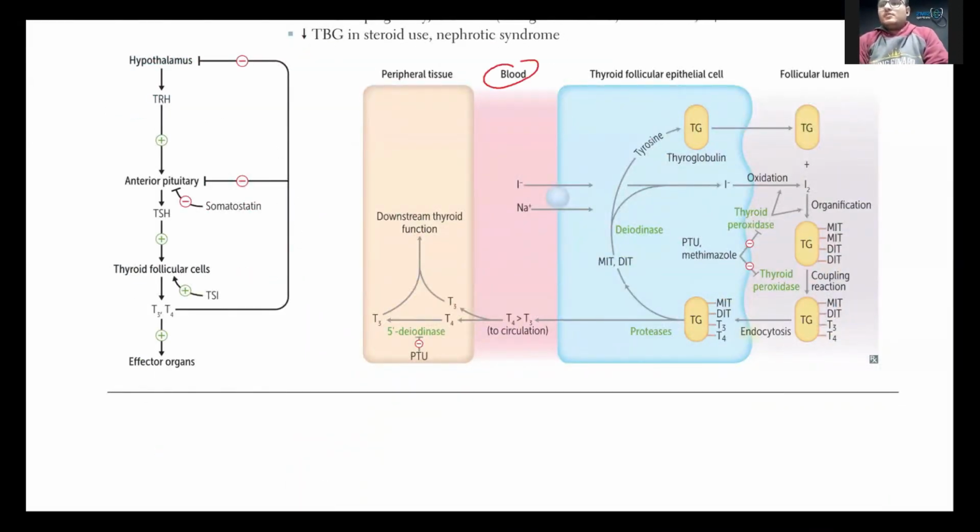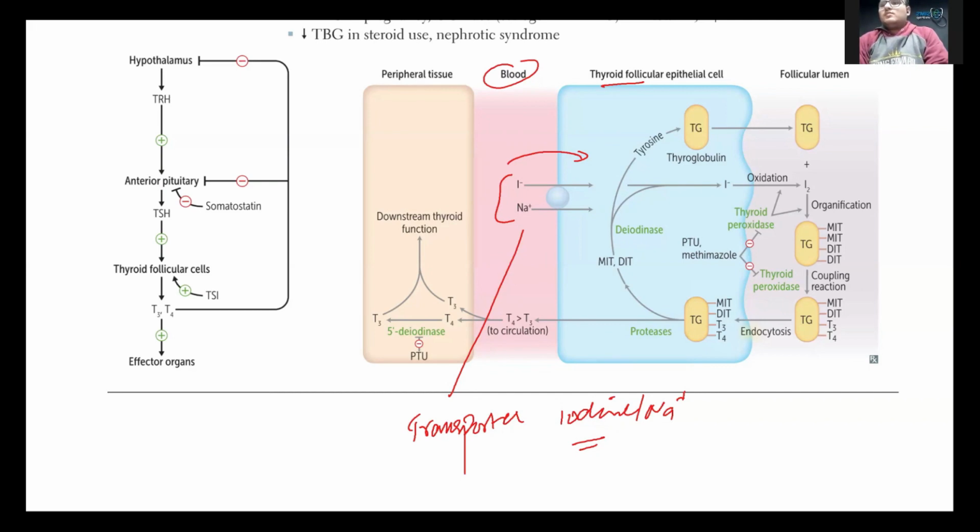Iodine is shunted inside the thyroid follicular cells via a transporter protein, the sodium-iodide transporter. One negative charge and one positive charge go in, causing a neutral charge inside the cells.